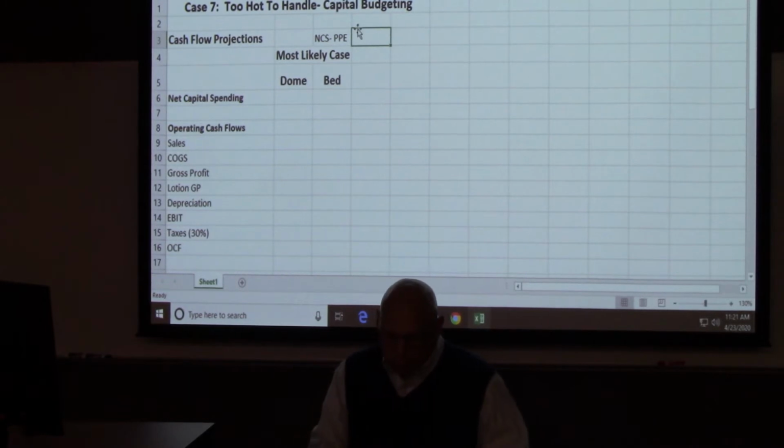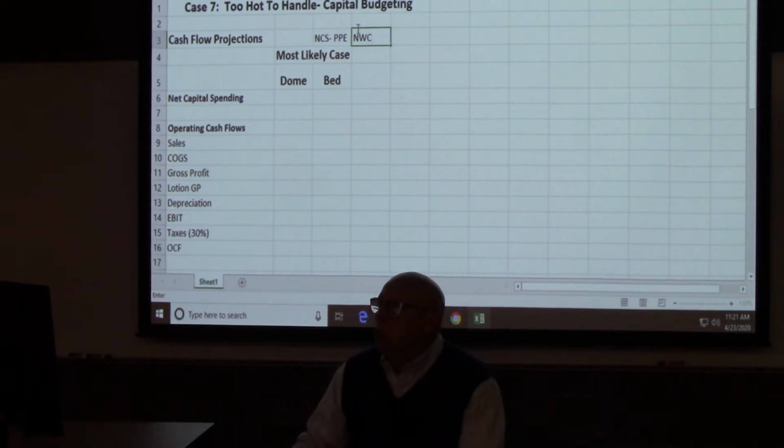Then we have net working capital, which is short-term costs like rent and payroll, advertising, insurance, inventory, accounts receivable, these things that come up before you start generating revenue and gross profit. Well, in this case, there's no working capital required. Nothing is mentioned about working capital, but PP&E is required, okay, and mentioned.